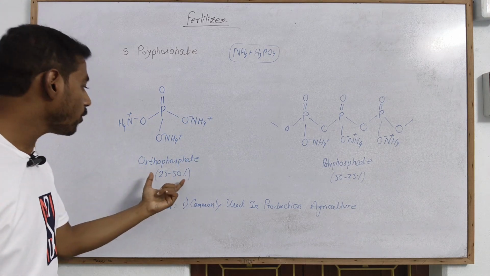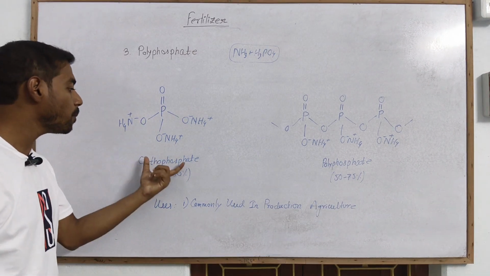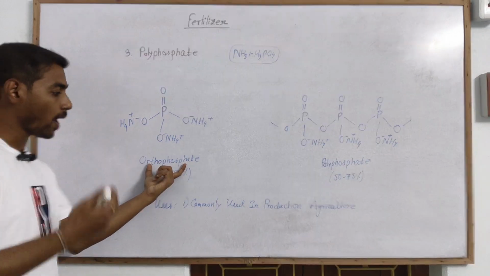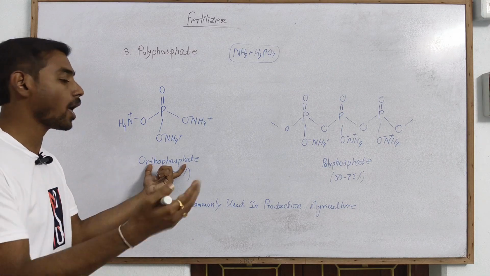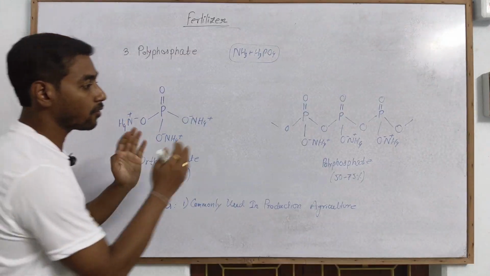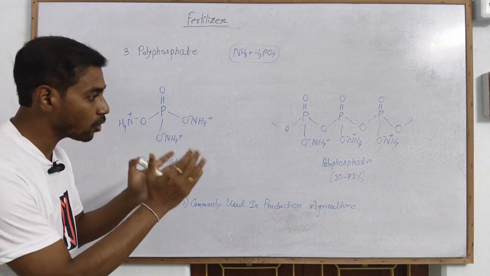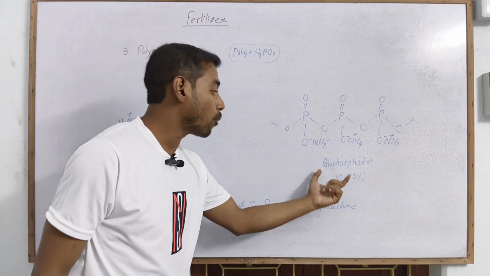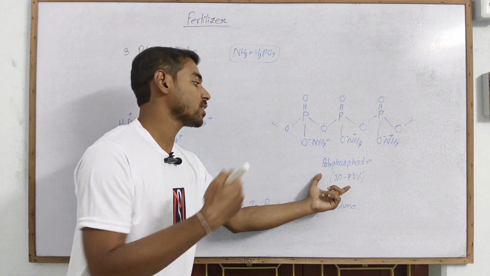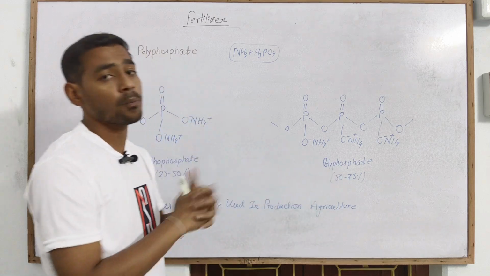Okay, so now in this polyphosphate chain, 25 to 50% of the phosphorus is in simple orthophosphate form, and that is directly available for plant uptake. But the remaining 50 to 75% of the phosphorus in this polyphosphate is in a different form, and that should be broken by the enzymes, or you can say the organisms present in the soil, to make it readily available for plant uptake.